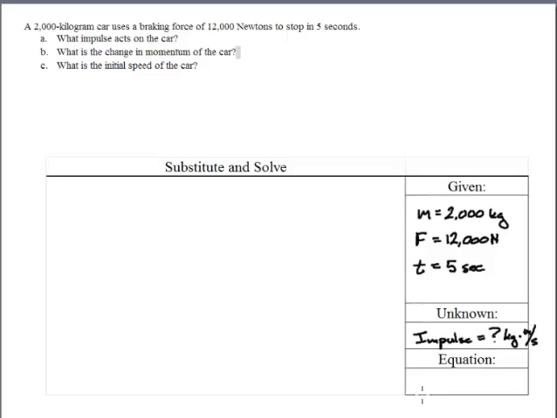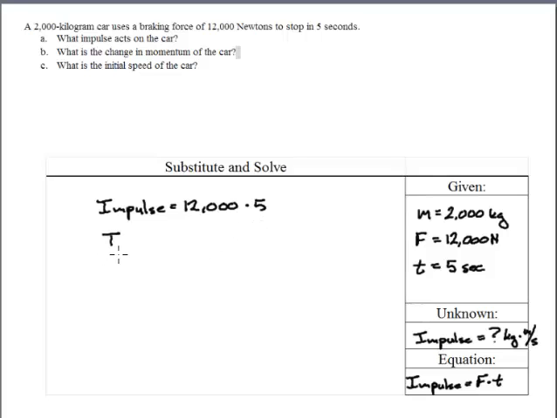Now I'm simply going to use the impulse side of the equation and make it equal to force times time. Now let's replace numbers for letters. Impulse equals force, which is 12,000, and time is 5 seconds.